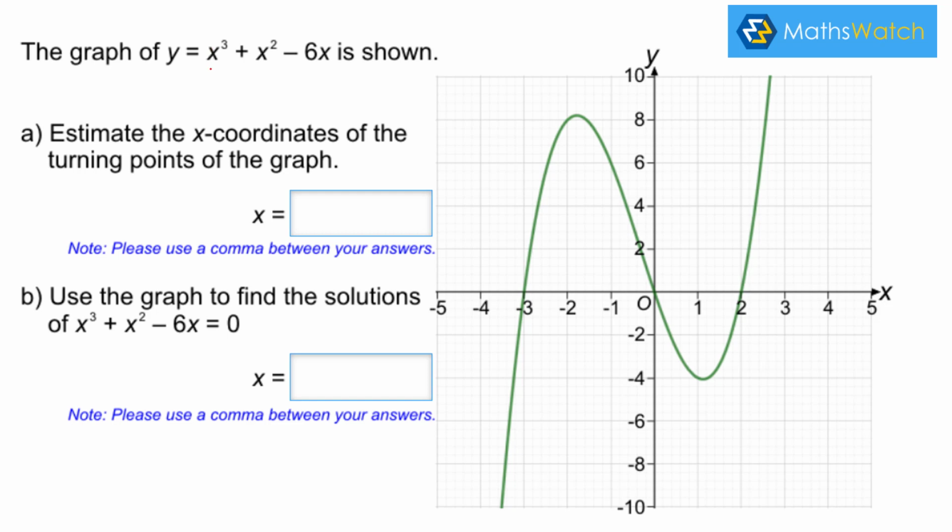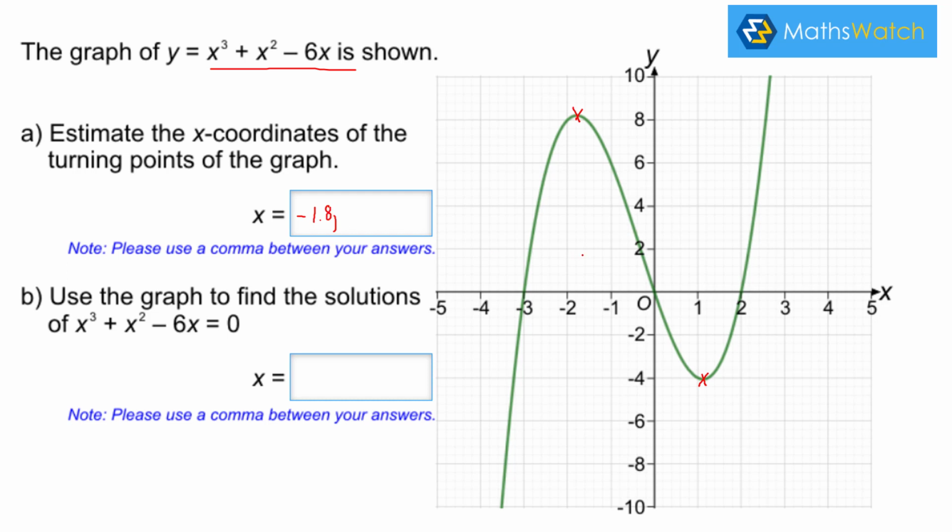So it says estimate, in this question, the x coordinates of the turning points of the graph. And this is a graph here and it's shown. What are the turning points? Well, those are the same as the local maximum and minimum points. So what do you think that is? Just write that coordinate down. So I think that each square is 0.2.